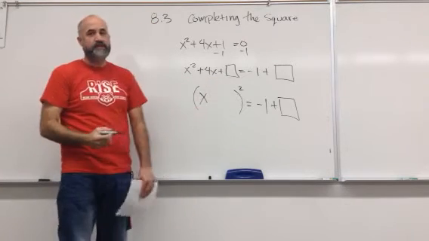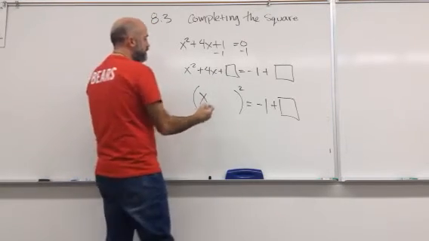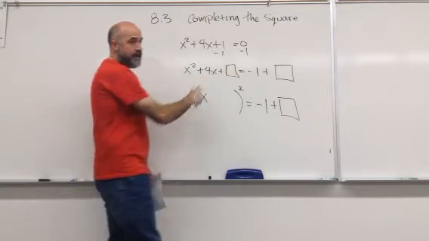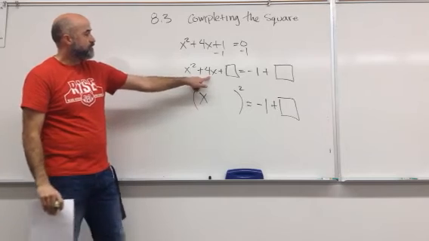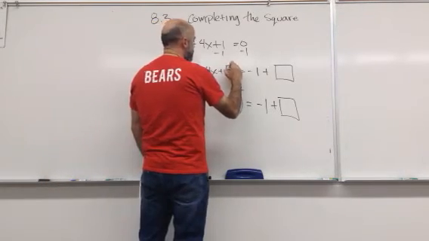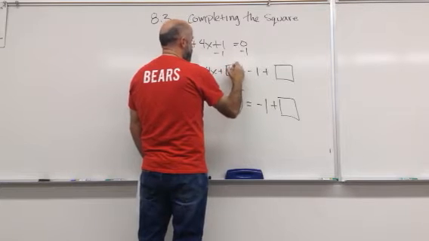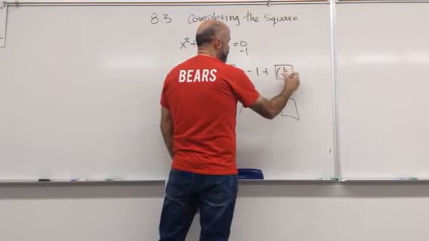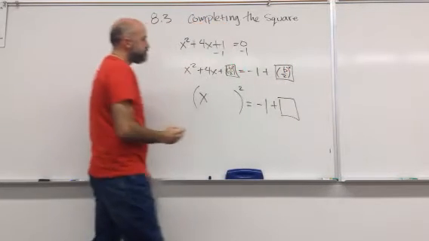The example that we just did a minute ago, this is going to be half of b, squared. So this is going to be b over 2, all squared. And the same thing goes over here. b over 2, all squared.